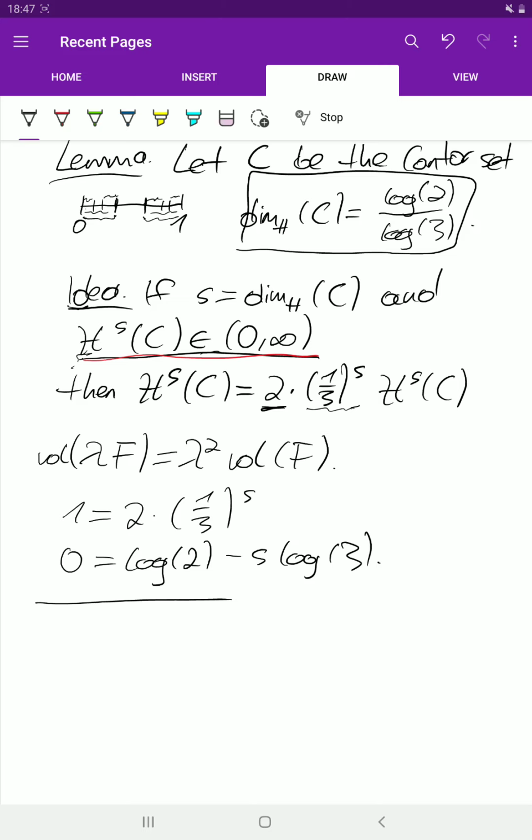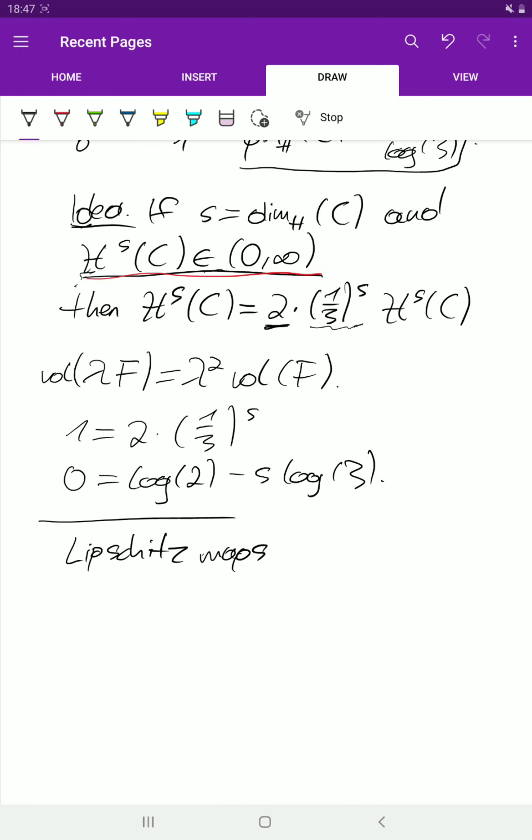Okay, but anyway, that's more or less what I wanted to say in this video. So one more remark. Interesting maps for Hausdorff dimension are Lipschitz maps, or in more generality Hölder continuous maps.